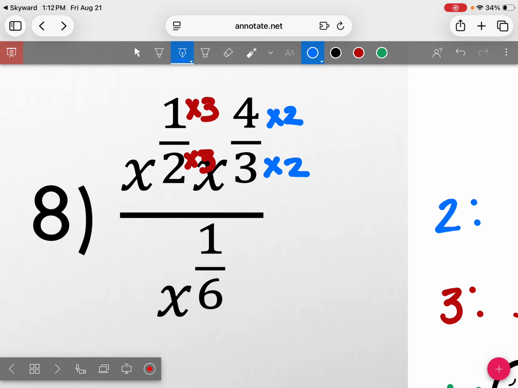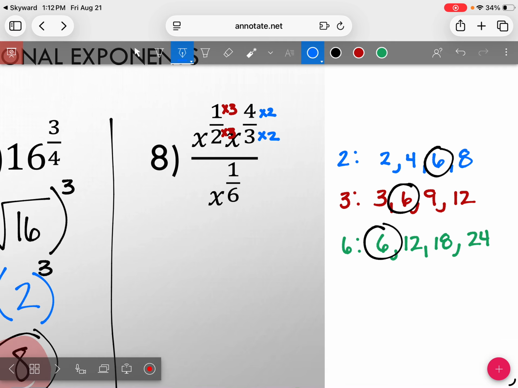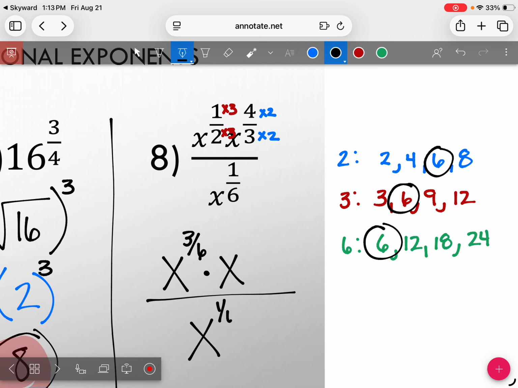And then everybody will have the same denominator. So that would give me x. Then I have 3/6 times x. Go ahead and see what you get. And you should get 8/6. That's divided by x 1/6.